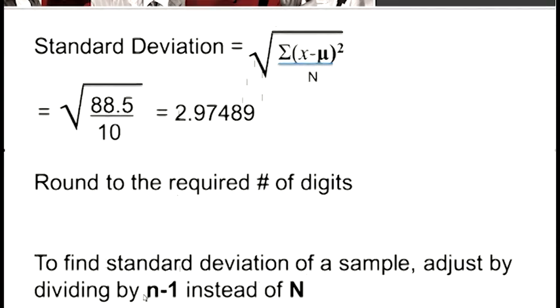So we adjust by dividing by n minus 1 rather than n. The little n indicates the sample size, whereas the capital N represents the population size. It actually is more common for us to be working with a sample than with the population.